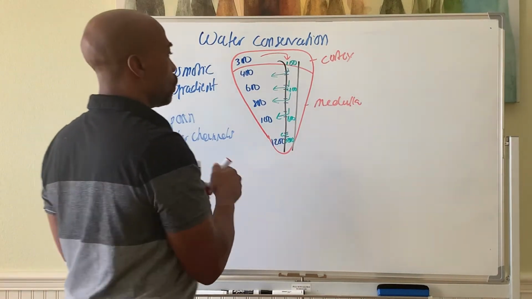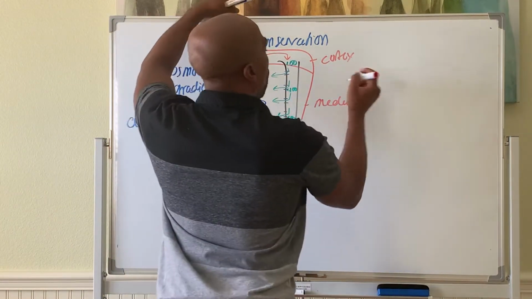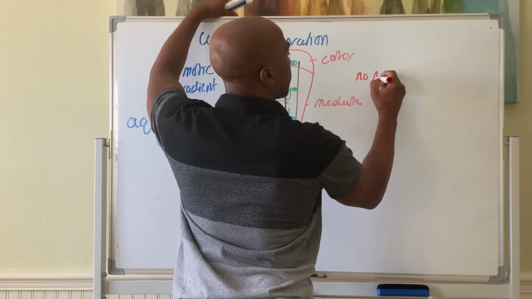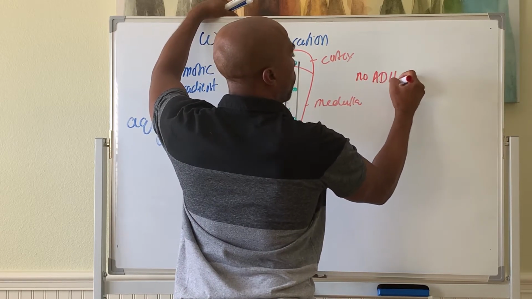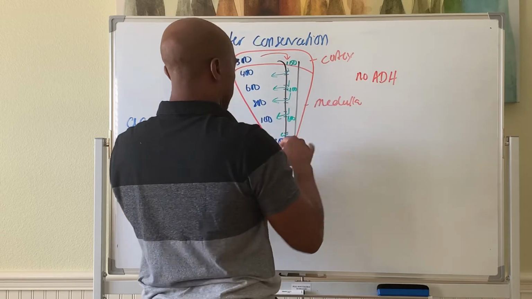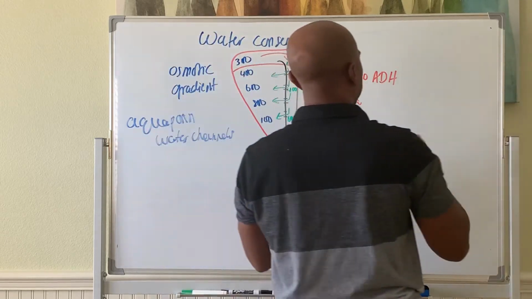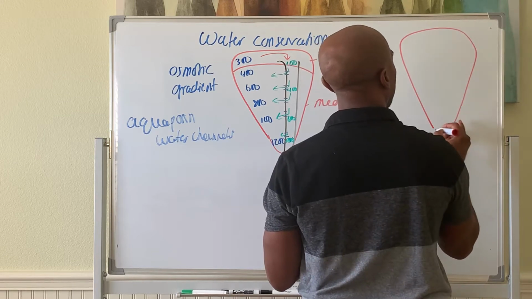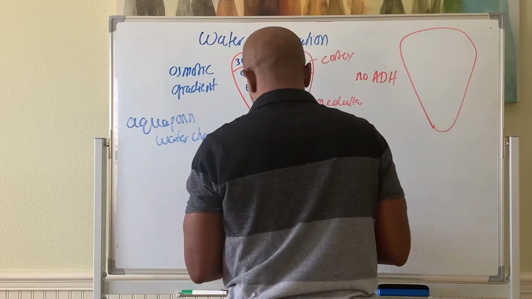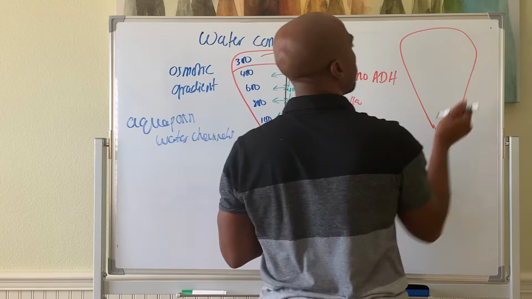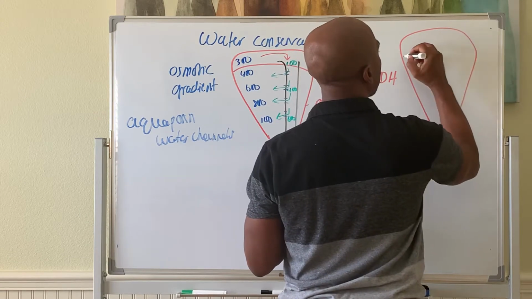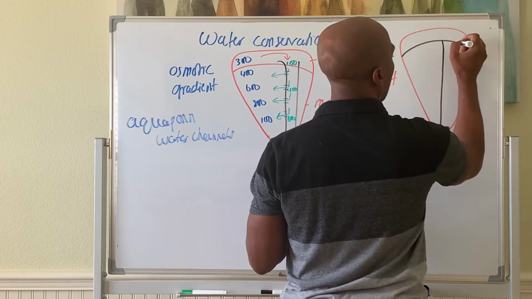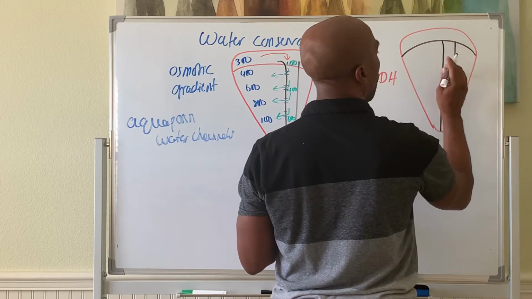Now let's do a scenario. When there is no antidiuretic hormone, the collecting duct coming through the pyramid will have no aquaporin channels.